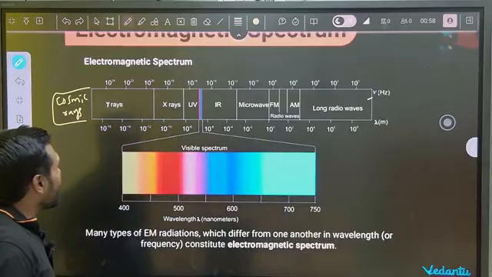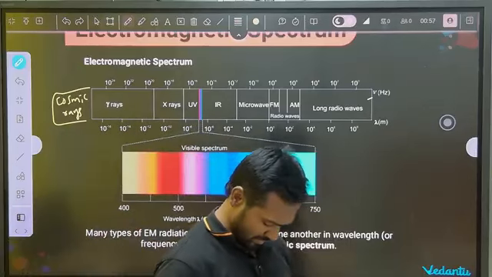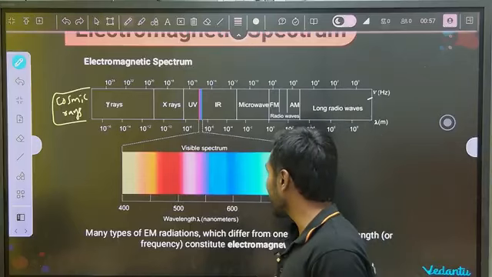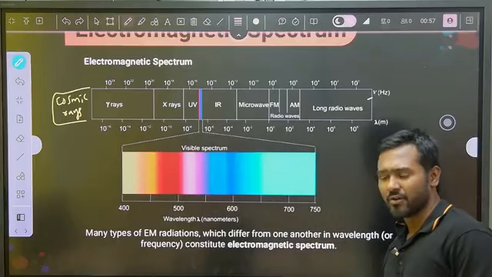So cosmic rays, gamma rays, X-rays, UV rays, and visible and IR, micro, radio, and long radio waves.